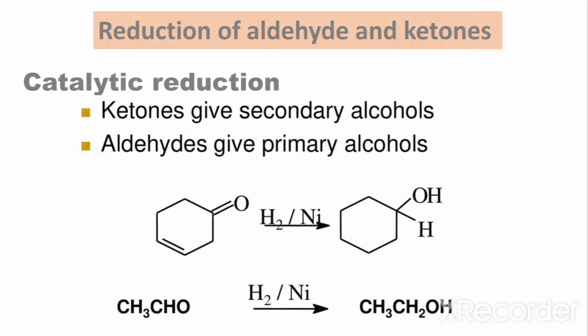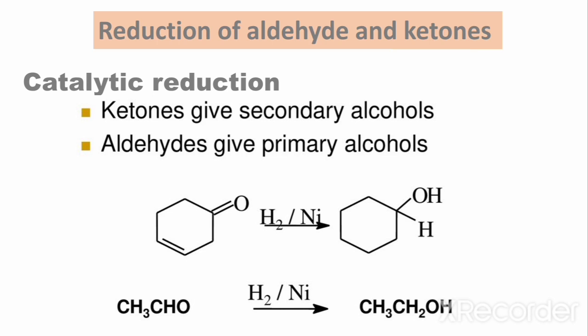So the other is the reduction of aldehydes and ketones. It is a catalytic reduction in which the ketone, when it reacts, gives a secondary alcohol, and when the aldehyde reacts, it gives a primary alcohol. So the first example is the ketone that gives a secondary alcohol, because the carbon that is directly attached to the hydroxyl group is further attached to two alkyl groups.